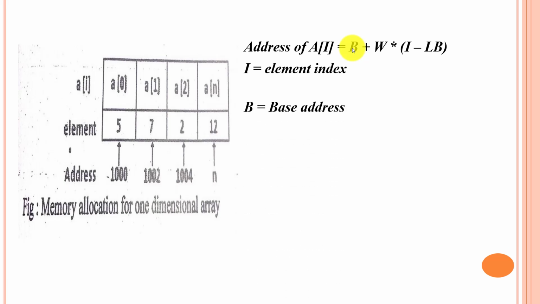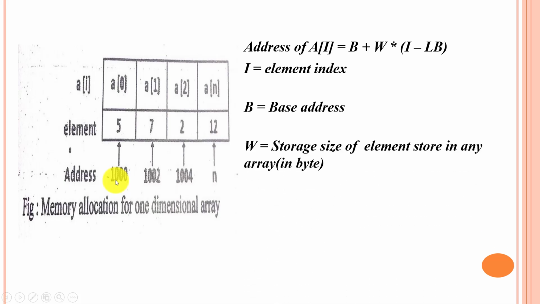Here in this case the base address is 1000. W is the storage size of each element stored in the array, in bytes. Here the data element is 2 bytes, so the difference between elements is 2 bytes.